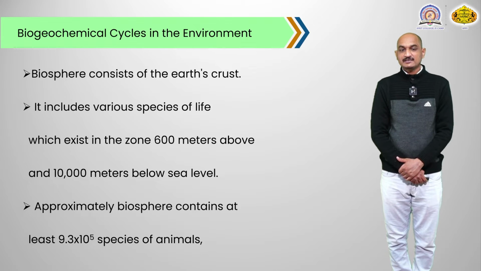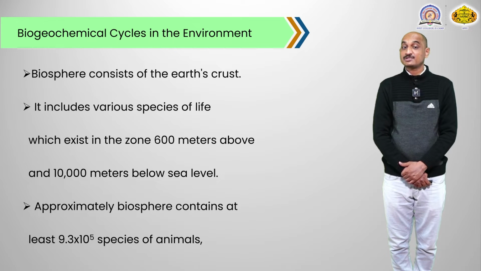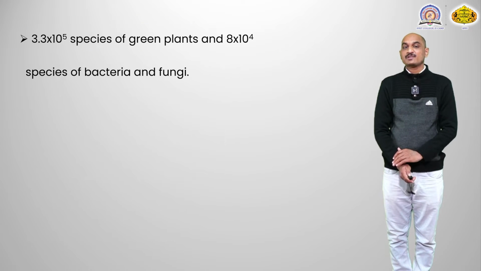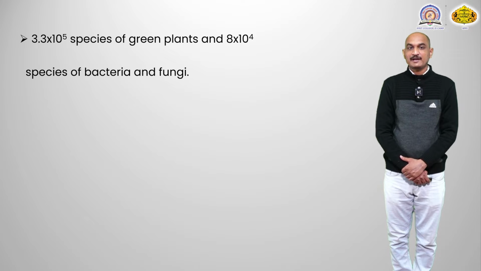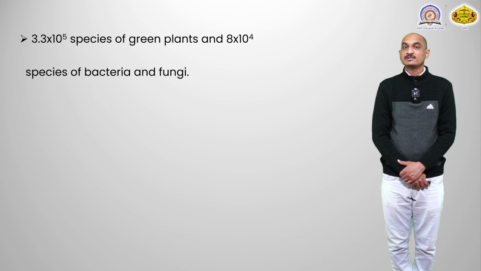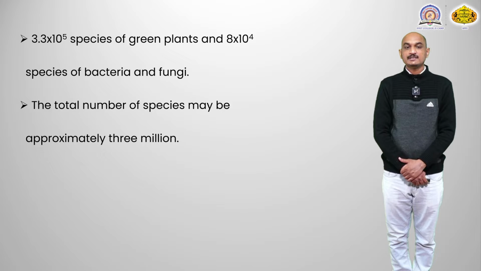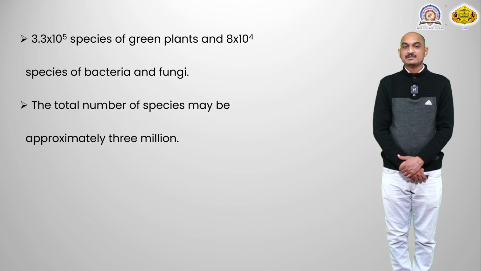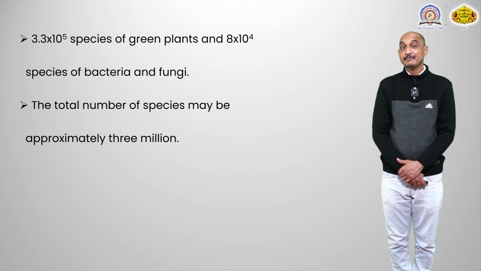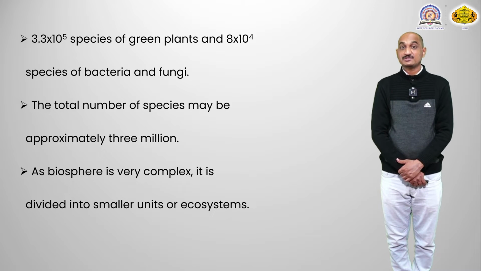In this zone the biosphere contains at least 9.3 x 10^5 species of animals, about 3.3 x 10^5 species of green plants, and 8 x 10^4 species of bacteria and fungi. So the total number of species may be approximately 3 million, which are observed in this zone.